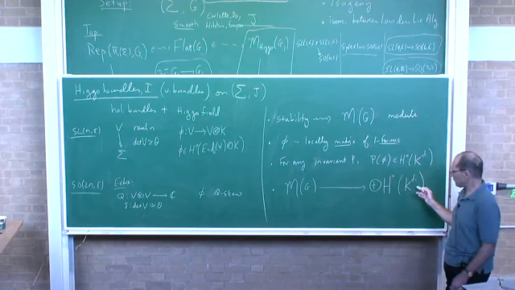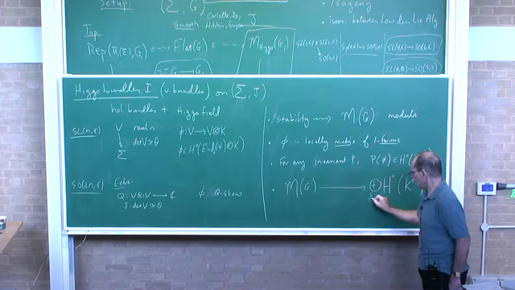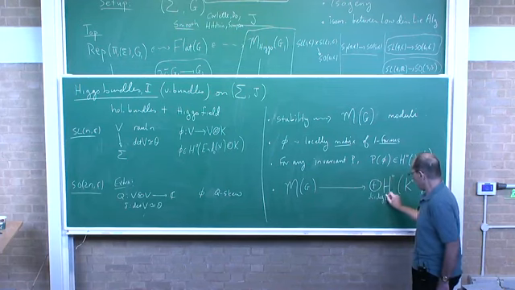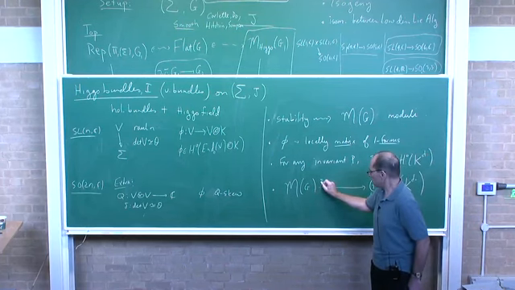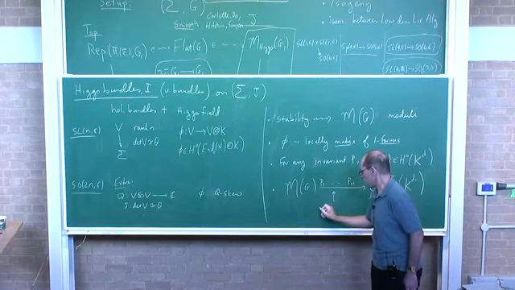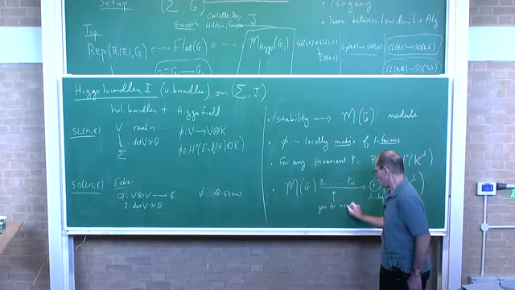So it will be the sum over these spaces of sections of powers of the canonical bundle, where d_i is the degree of the polynomial, and we've used here a generating set for the ring of invariant polynomials.